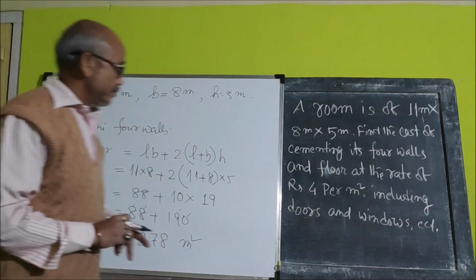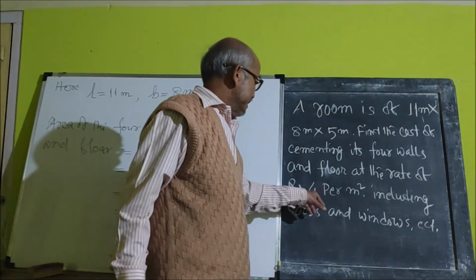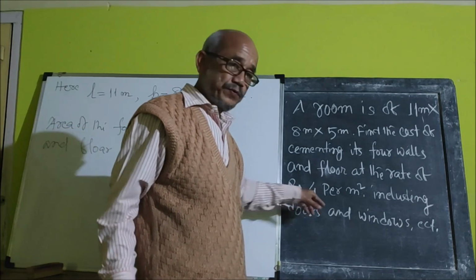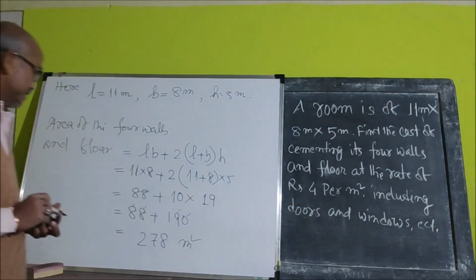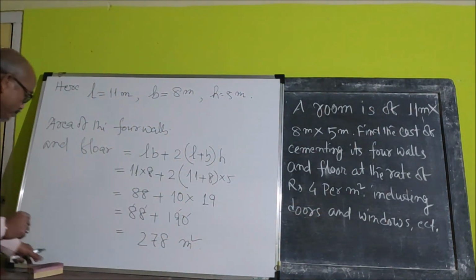Now here you are told the cost per square meter is rupees 4.